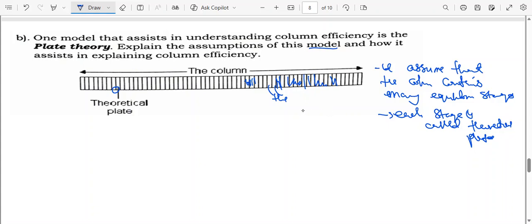The goal is that when we have more plates, then we get better separation. That's what you can explain there.